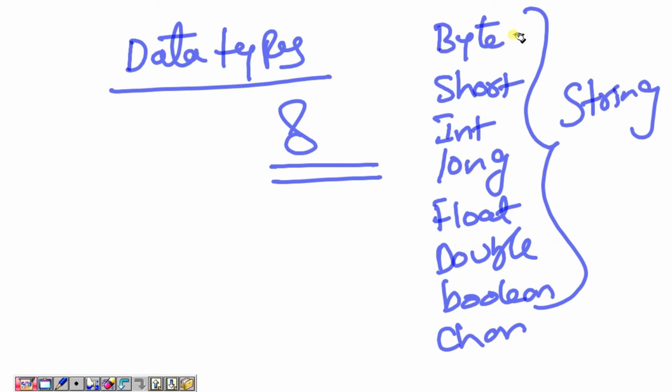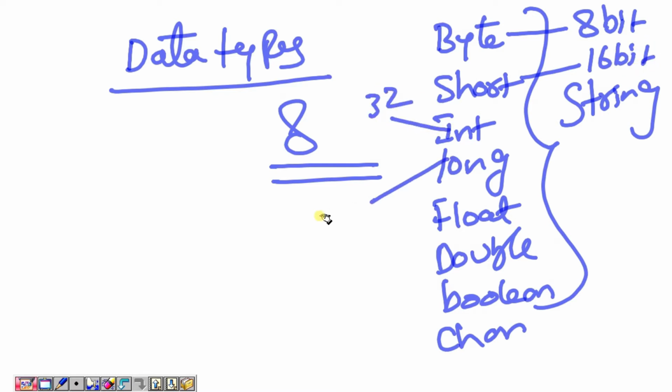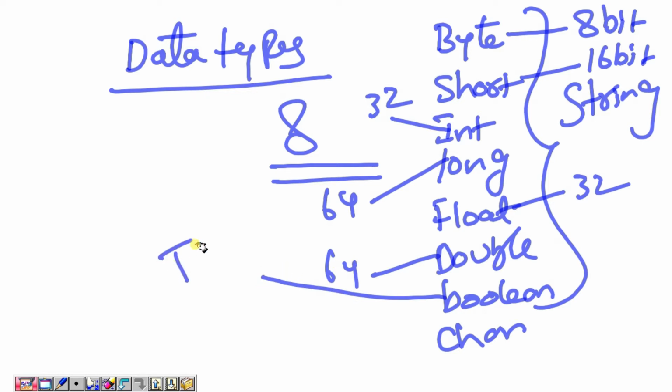First, coming to byte, it can store 8-bit data, and short can store 16-bit data. Int can store 32-bit data, long can store 64-bit data. Float can store decimal points, 32-bit. Double, decimal points, 64-bit. Boolean, either true or false we can store.